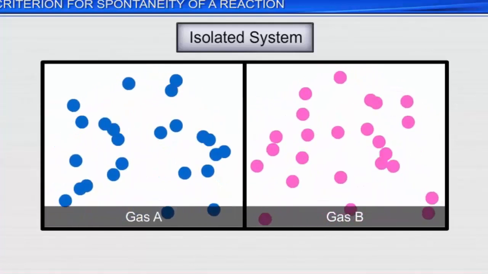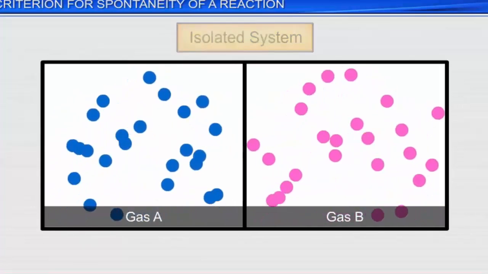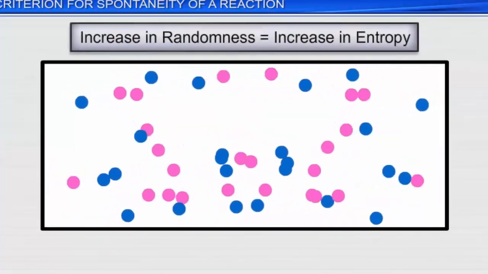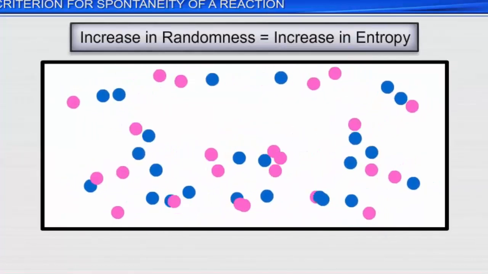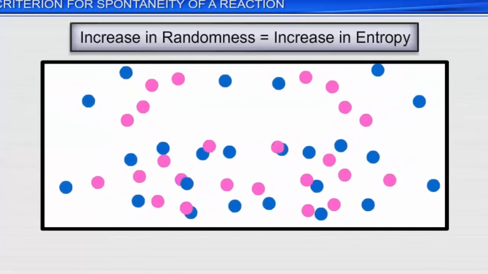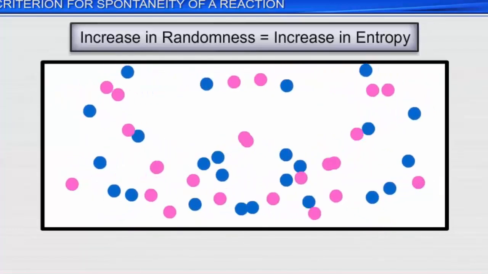When the gases mix, there is an increase in randomness, resulting in an increase in entropy. Thus, we can conclude that for spontaneous processes in an isolated system, the entropy change is positive.